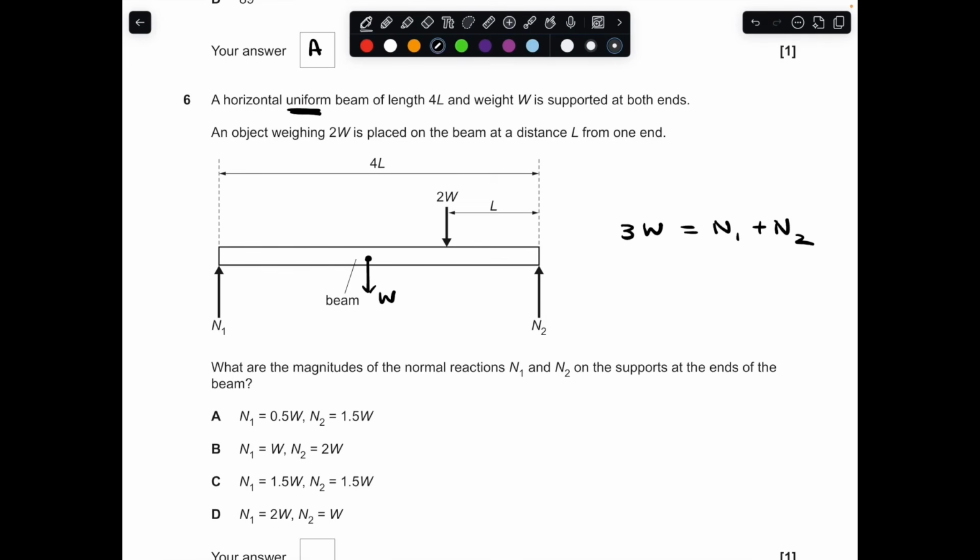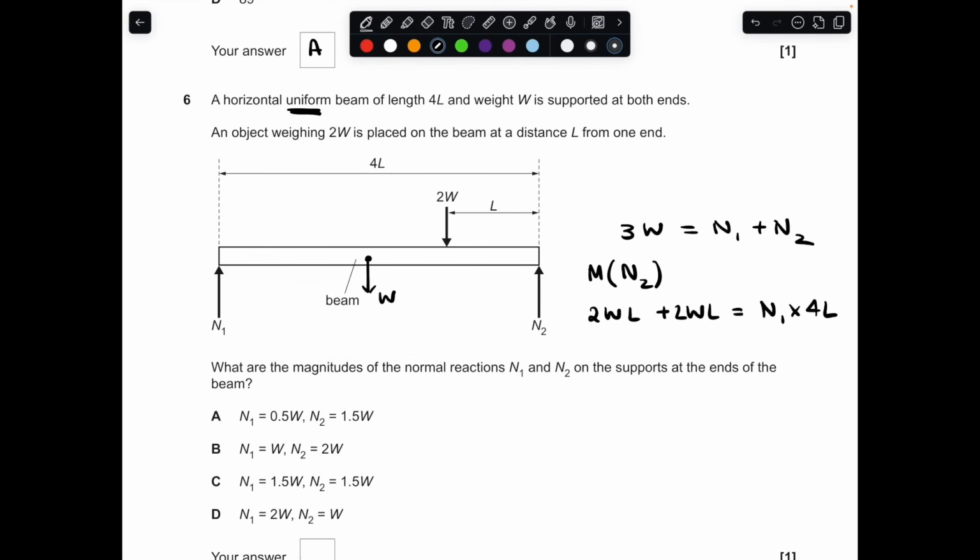Then we can consider the moments. So I'm going to take moments about N2 because it's easier as the distance is from there. For that, I'm going to get 2W times L plus W times 2L, so 2LW, is equal to N1 times 4L.